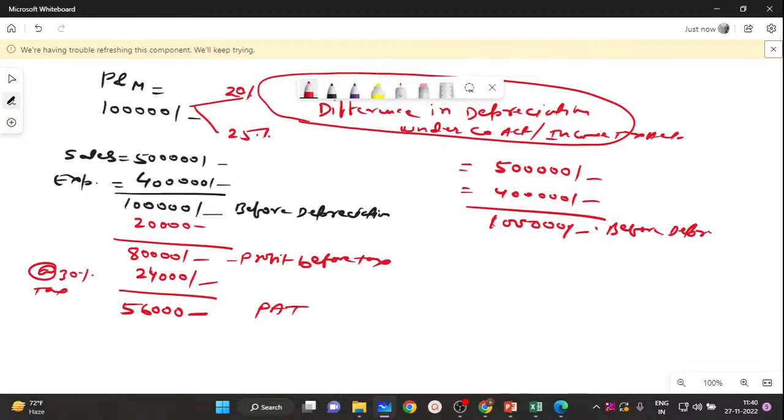Income tax says you have to make the depreciation at 25%. So 25% means how much? 25,000 rupees, right?